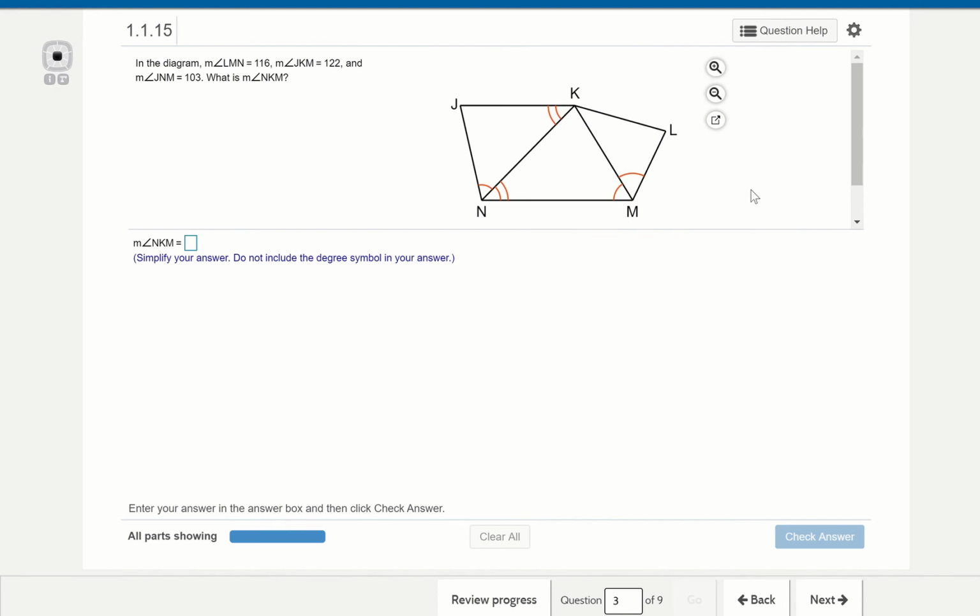Now this entire angle, LMN, is 116, and JKM is 122. So that means this whole angle is 122. JNM is 103 degrees.